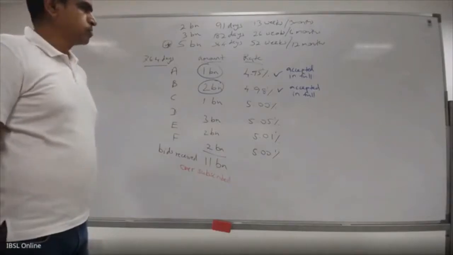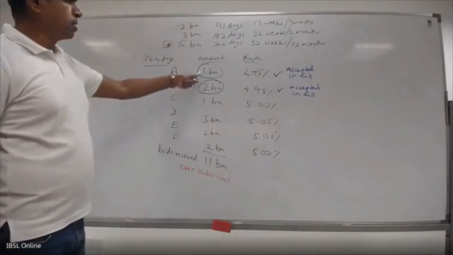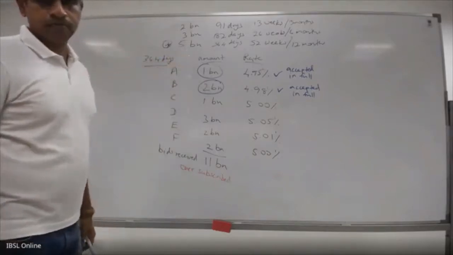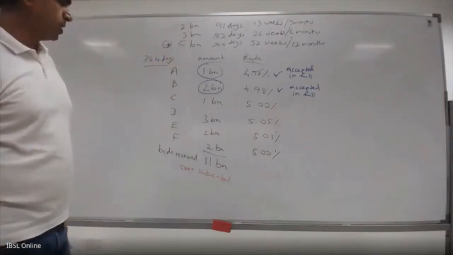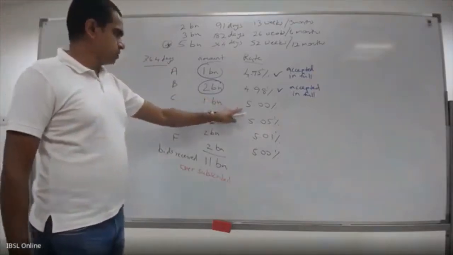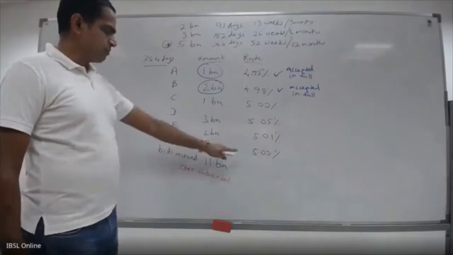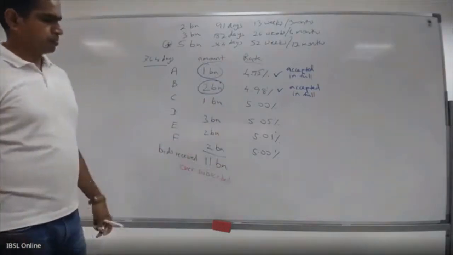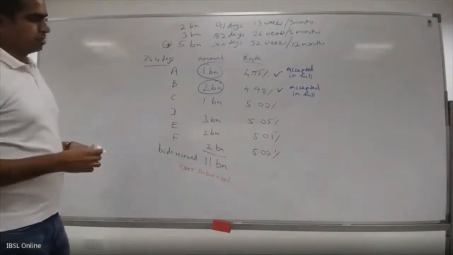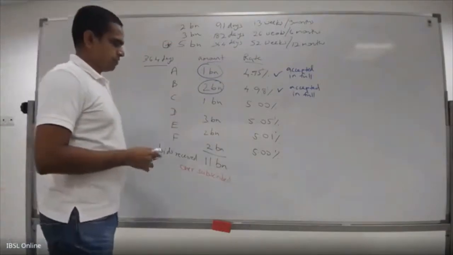And so far they have got 3 billion. Total is 5, another 2 billion to go. Which one is next? The next lowest rate is 5%, which is coming from C and also F. Right, C and F.